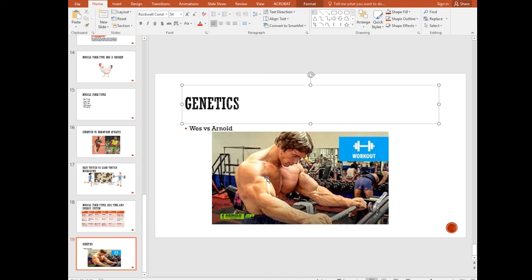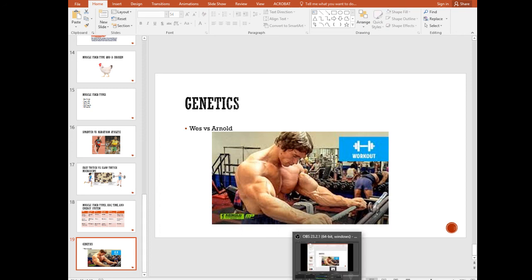But if he ever touches a weight, he's just going to outperform me. He is built for his sport, and I'm not built for that sport. So genetics play a huge role in the sports that we're going to excel at. So you need to have a good understanding of who you are and what events you have naturally done well at, and that probably gives you a good idea of your genetics.